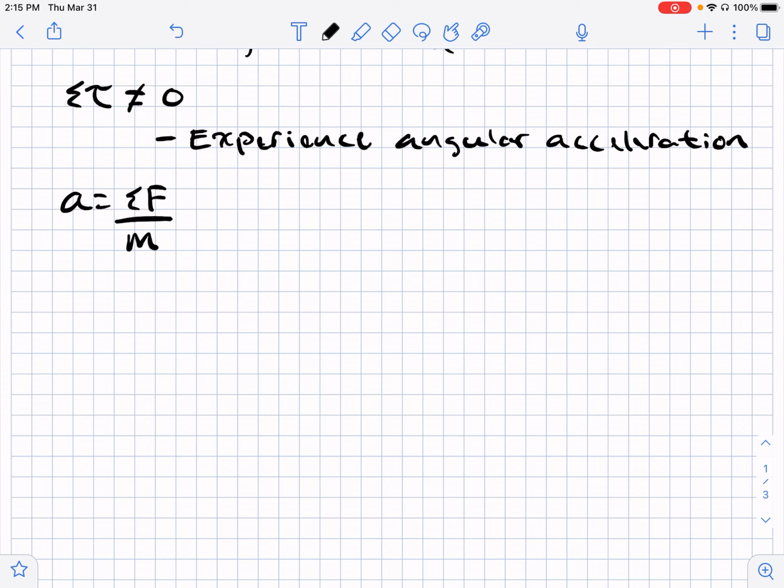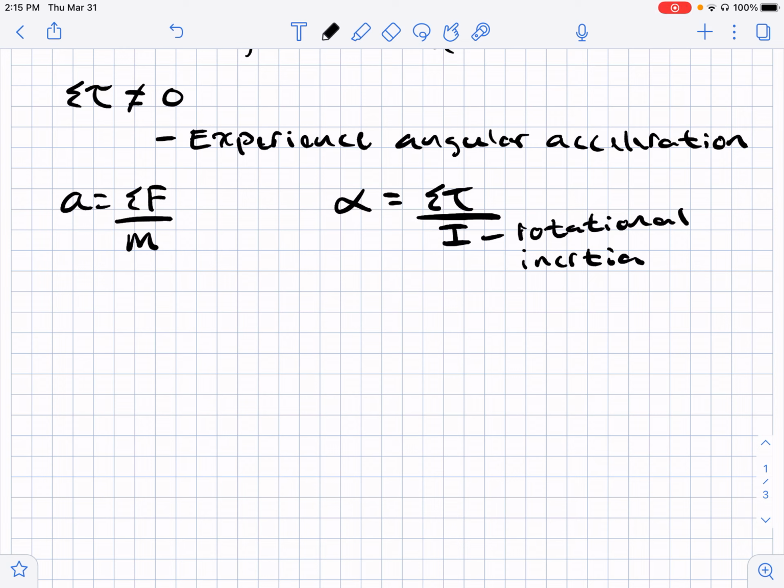We have a similar expression for angular acceleration, and it's equal to the net torque. So instead of forces, it's net torque divided by, now not just the mass, but how the mass is distributed. We use the letter I, and that stands for rotational inertia. You may hear me say moment of inertia sometimes, and it's the same thing.